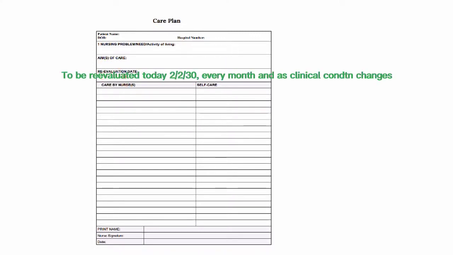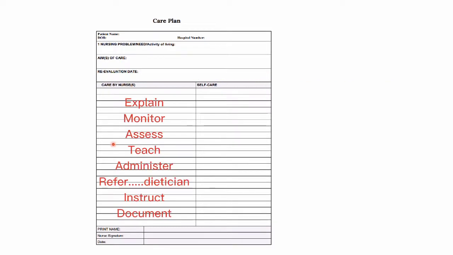Then the evaluation date: to be re-evaluated today, the date of my OSCE, depending on when I will be assessing the patient, according to the treatment outline, every month, and as condition changes.